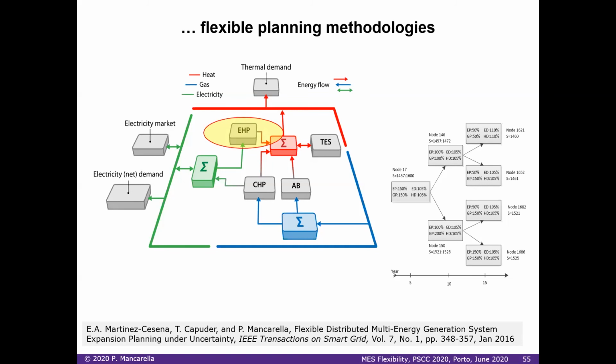But the moment that you plan under uncertainty, which is really what we're talking about in terms of planning, you also need suitable planning methodology to develop this, particularly the kind of stochastic planning methodologies that would be the backbone to develop future energy systems.